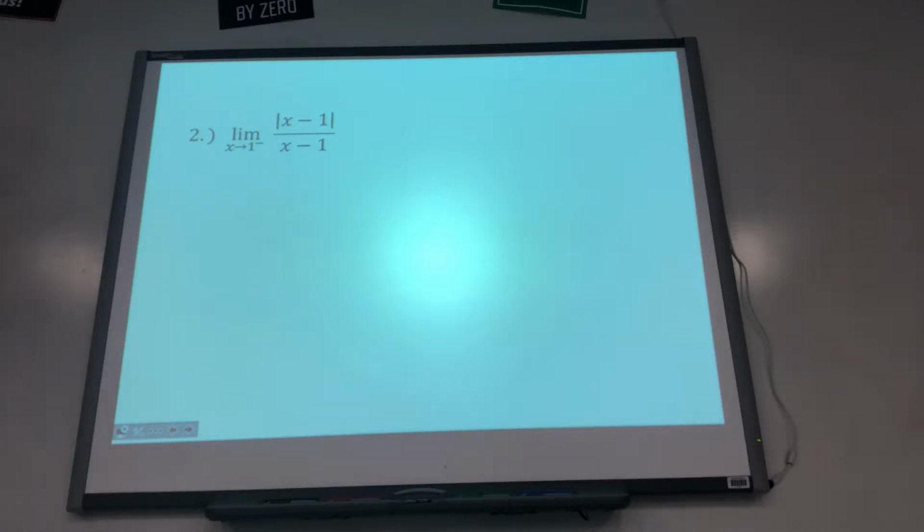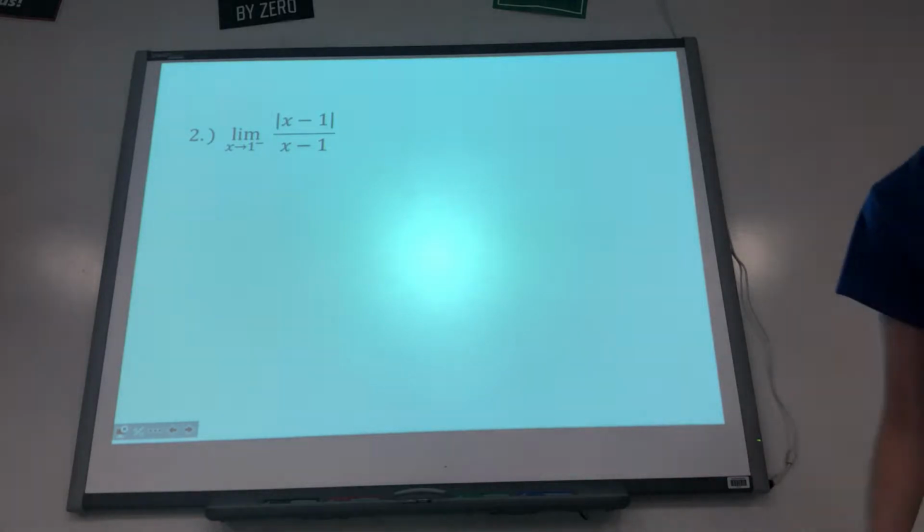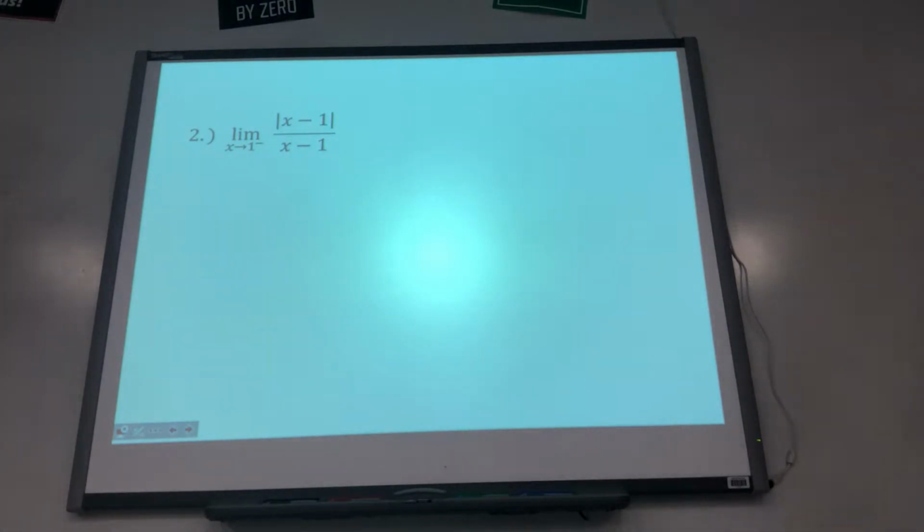Now, example 2, we want the limit as x approaches 1 from the left of the absolute value of x minus 1 all over x minus 1.